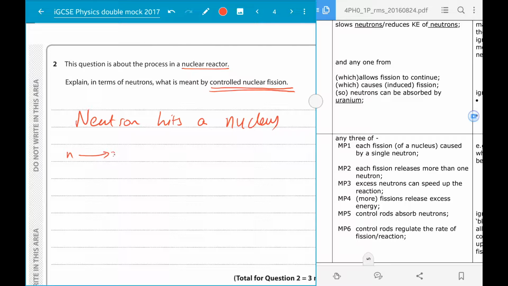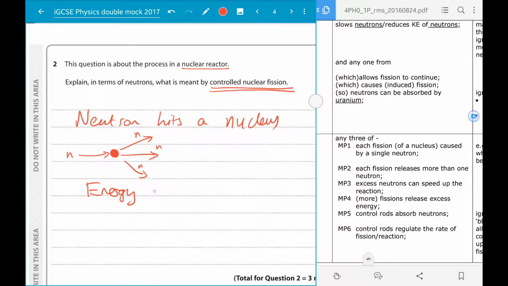And if you did a small diagram like this, a neutron goes into a nucleus and gives out more neutrons, then you're showing that more neutrons are being released. That would have got you the second mark.